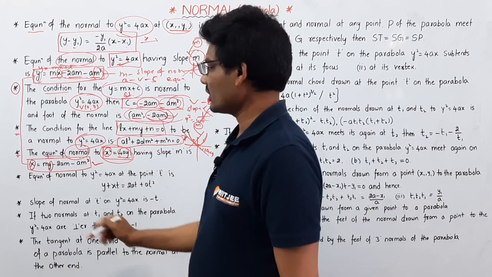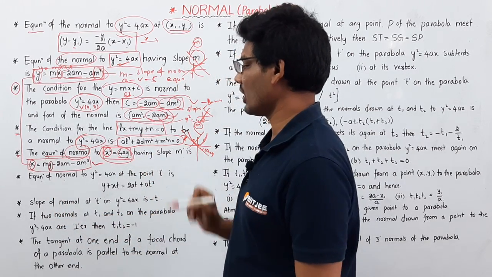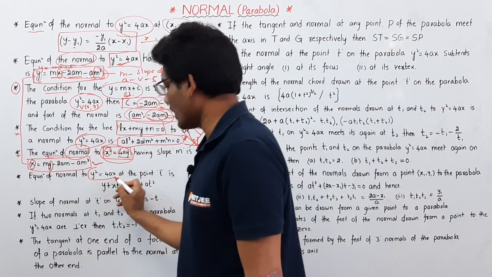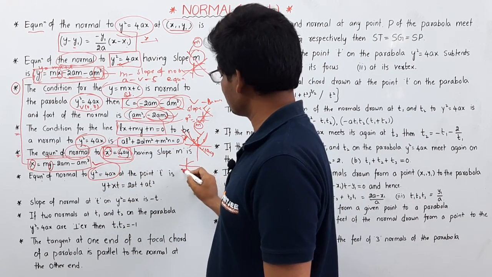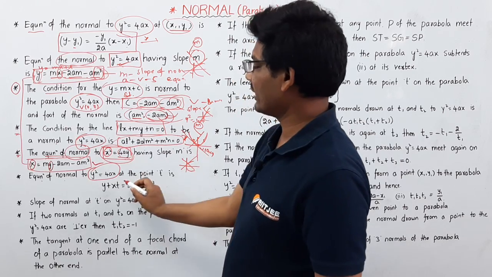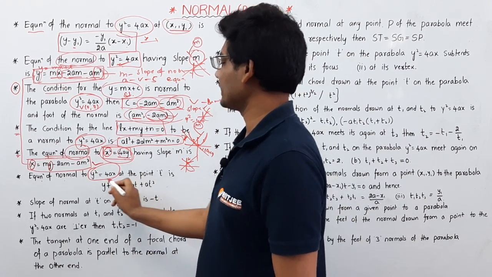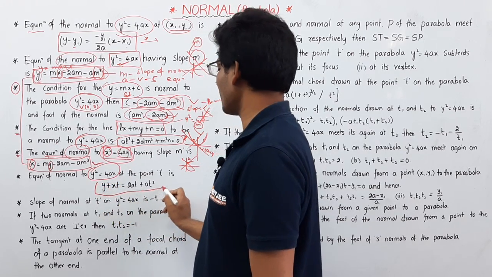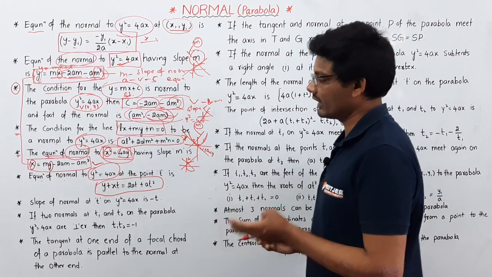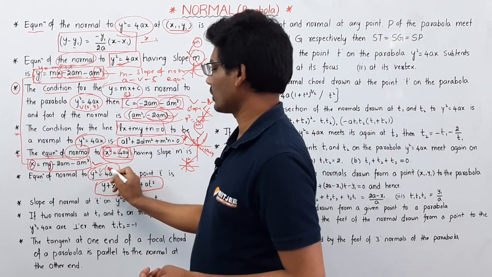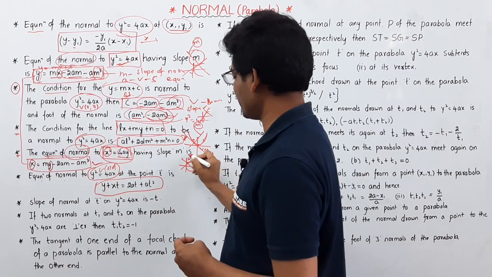Next, the equation of normal to a parabola y square is equal to 4ax at point t. That is the equation of normal at a point on a parabola with vertex 0, 0 and a normal at point t.